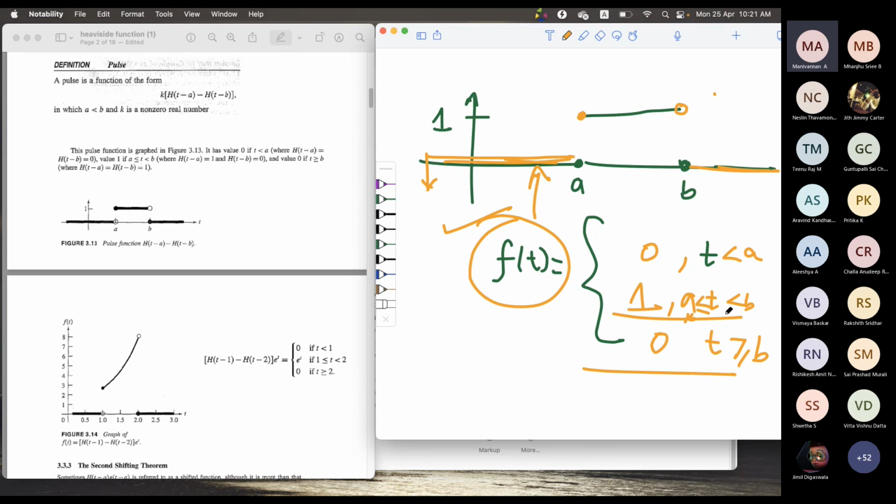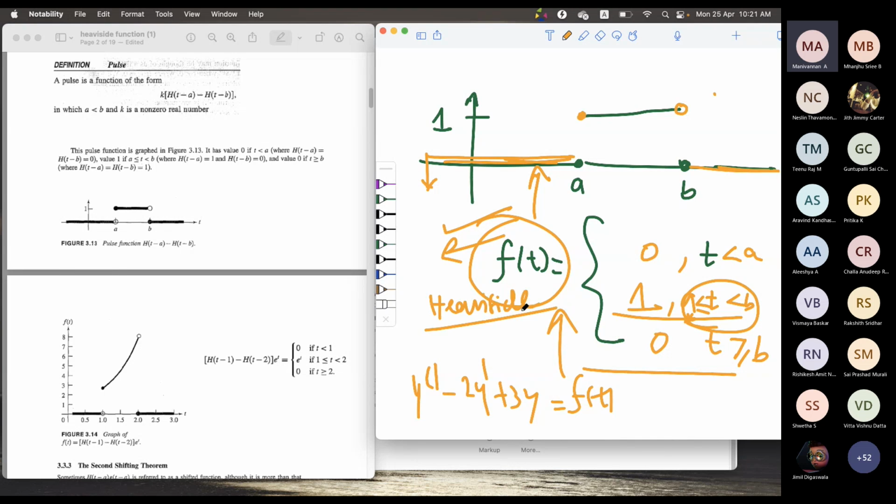In solving ordinary differential equations, y double dash minus 2 y dash plus 3 y equals f of t, the right hand side function f of t is defined piecewise. We cannot directly take the Laplace transform over these intervals, so we need to write this f of t using the Heaviside function. Is it clear?